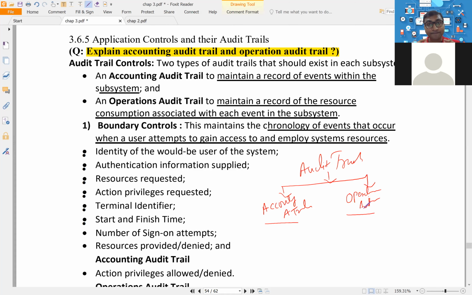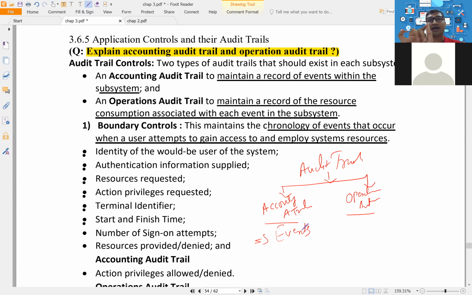Along with control, you should always record the various events which are occurring, whatever events occur at the time of implementing or using those controls.